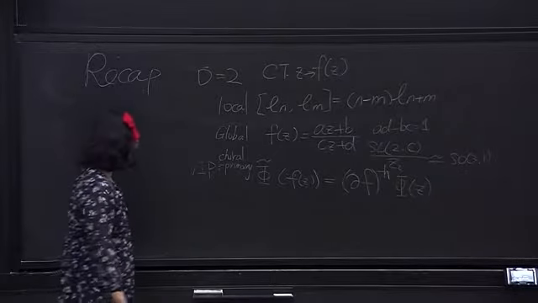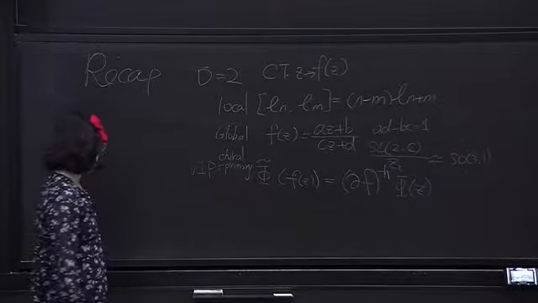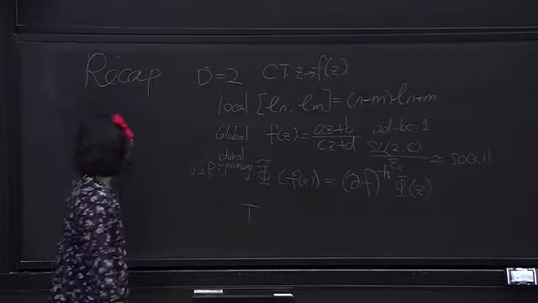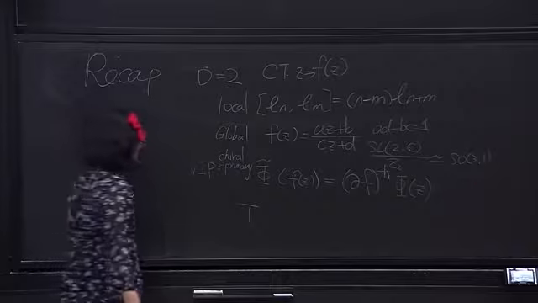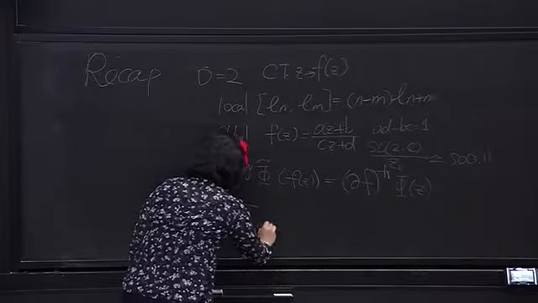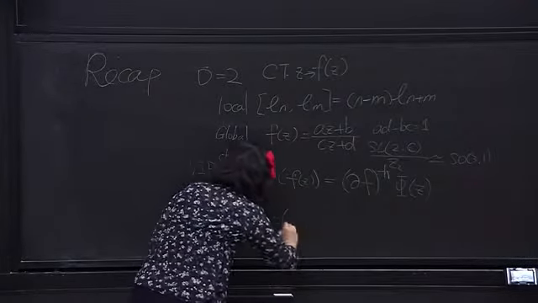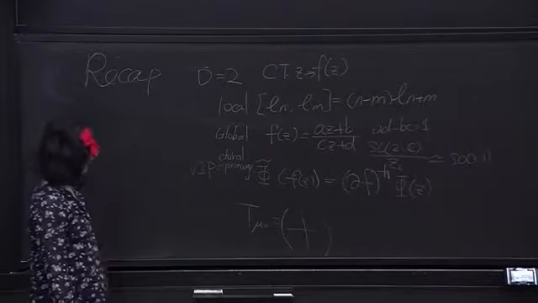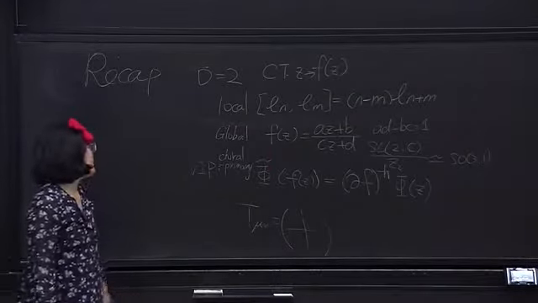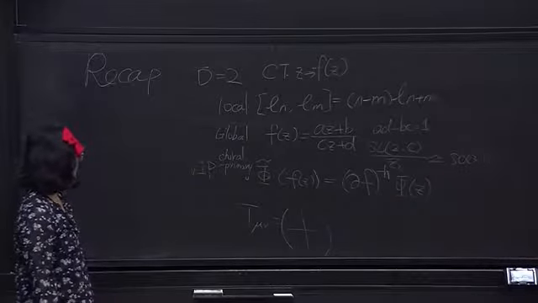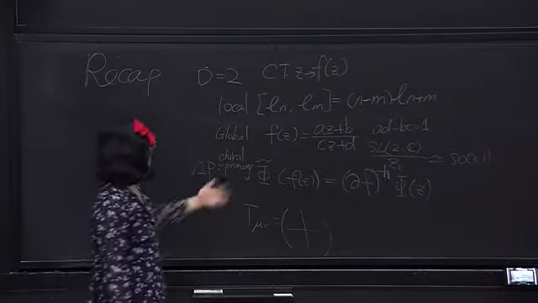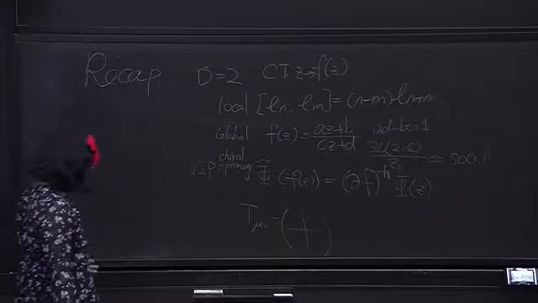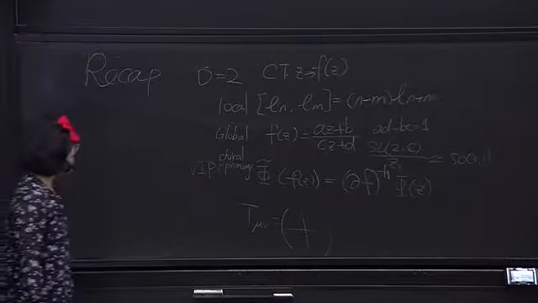But what you have seen yesterday in the tutorial is an important fact: normally you think the energy momentum tensor should be a 2x2 matrix. Well, it's symmetric, so it should have 3 entries. And naively, I couldn't really expect that they only depend on Z and not Z bar, except because we have conformal symmetry.